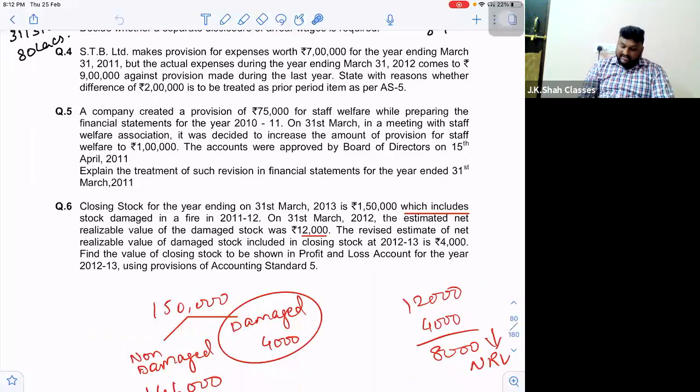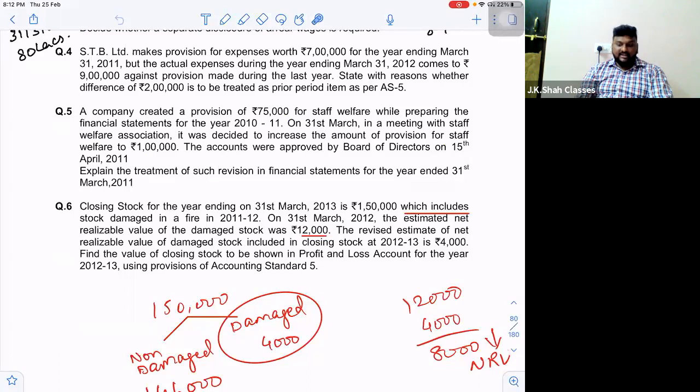A company created a provision of 75,000 for staff welfare while preparing the financial statements for the year ended 2010-11. On 31st March, in a meeting with the Staff Welfare Association, it was decided to increase the amount of provision for staff welfare to 1 lakh rupees. So earlier you had created a provision for staff welfare expense of 75,000, and now you decided to increase it to 1 lakh, right?